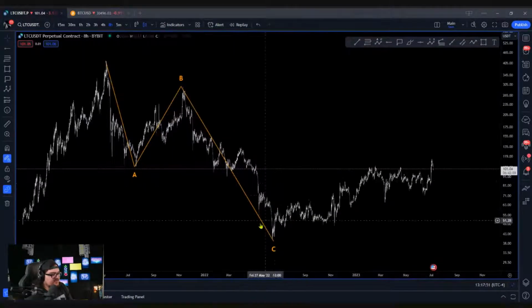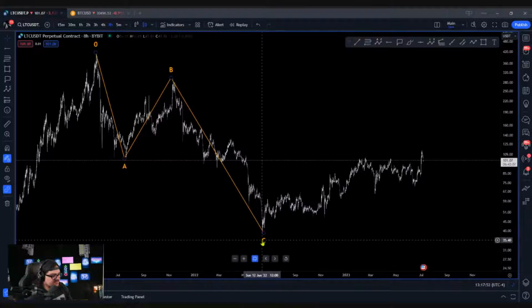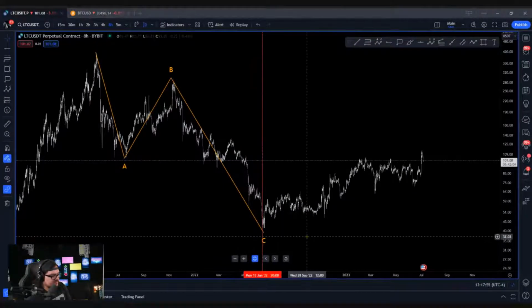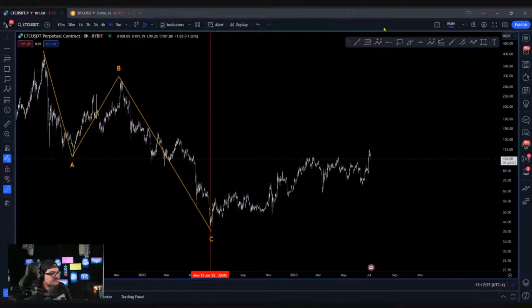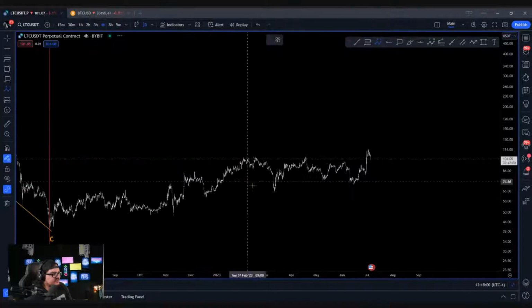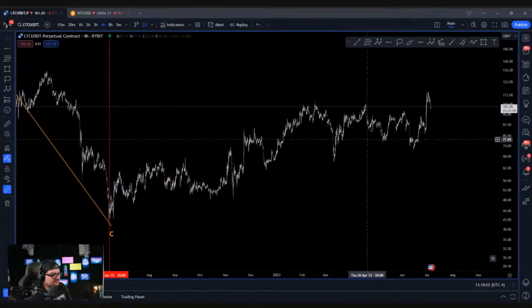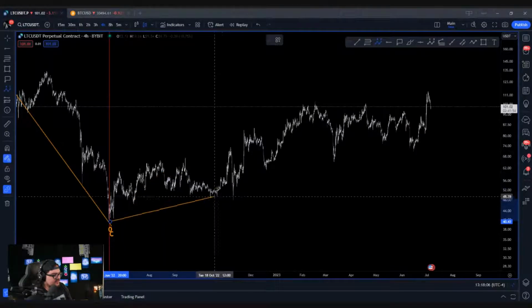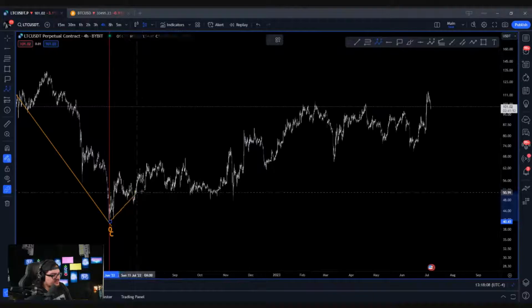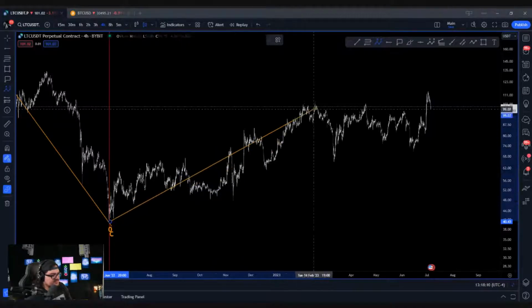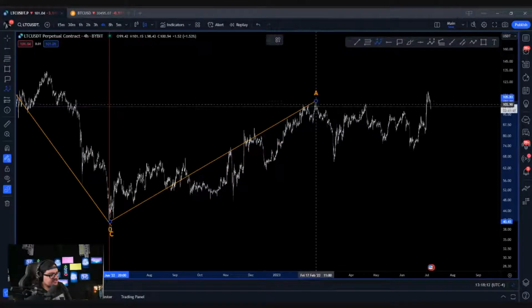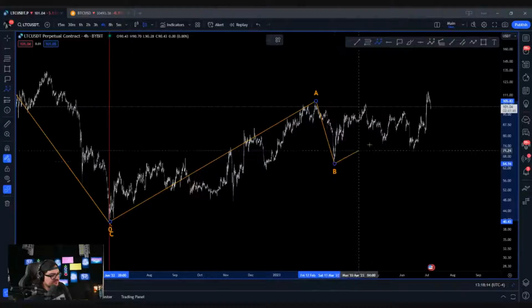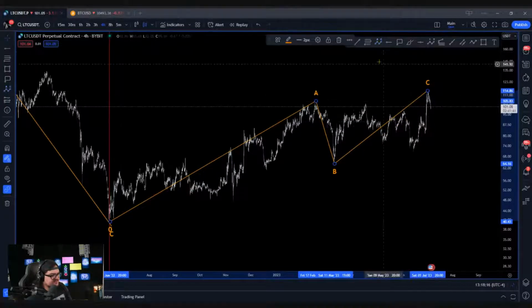If this is going to be the end of something, this is done, and you can start from the bottom and work our way to the right. From there, if I zoom in a little bit further, I see an A, a B, and a C for an A. So this is an A to a B to a C. This is actually going to be a larger A, our separation for a B, continuation higher for a C.